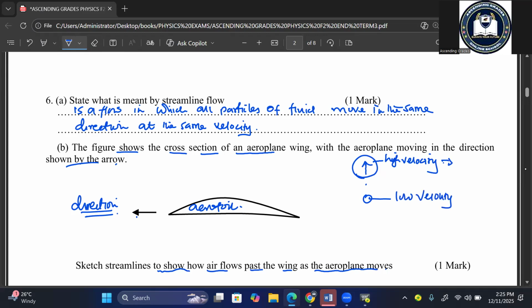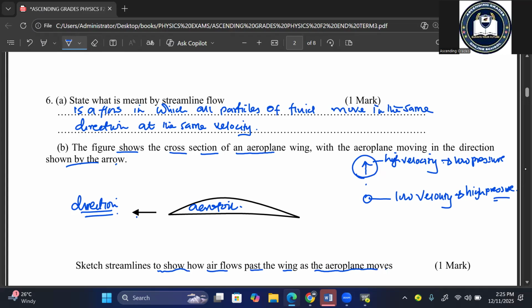The high velocity will in turn give low pressure, and the low velocity will give high pressure.